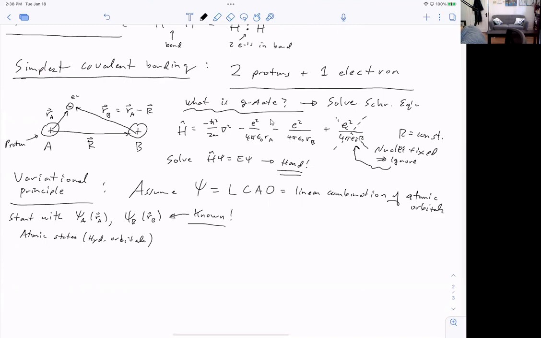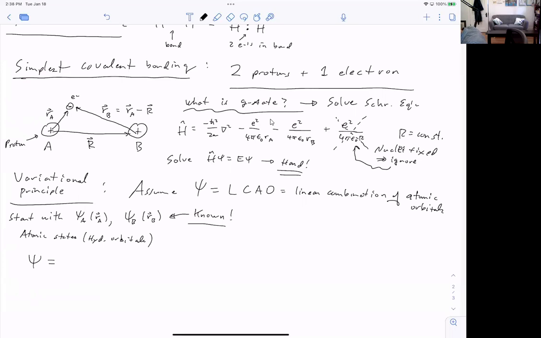So let's start with these two known states, and then let's assume that the wave function that we're looking for, psi, which is the wave function of the electron, which is really only a function of R. Well, let's not get too caught up in that. We're going to call that psi.